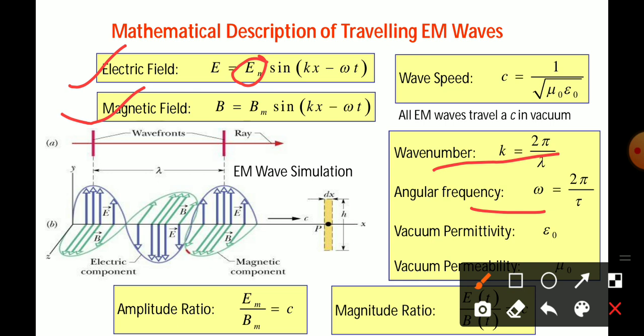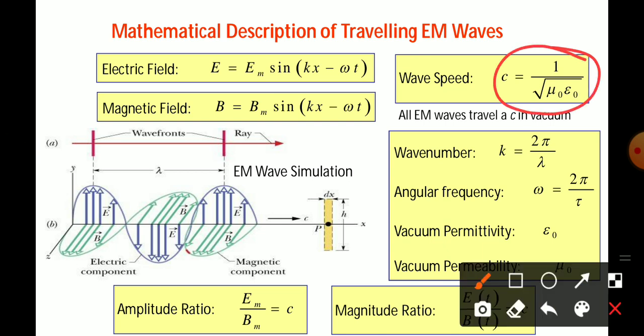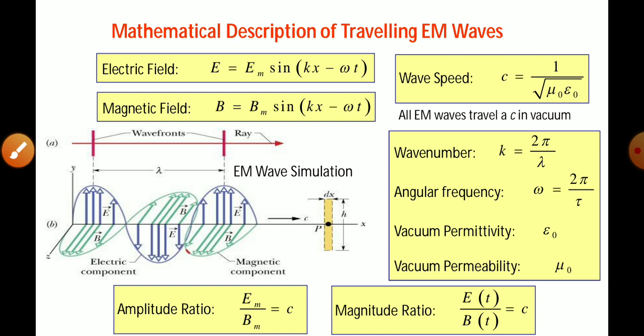From this, the wave equation is defined as the ratio of Em by Bm, that is the ratio between the electric field magnitude and the magnetic field magnitude. That will become c, which is the wave speed, and for free space the wave speed will be 1 by root over mu 0 epsilon 0, where mu 0 is the vacuum permeability and epsilon 0 is the vacuum permittivity.